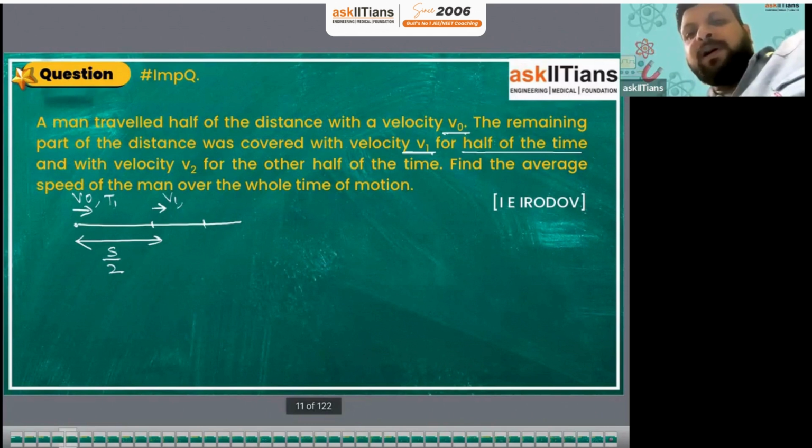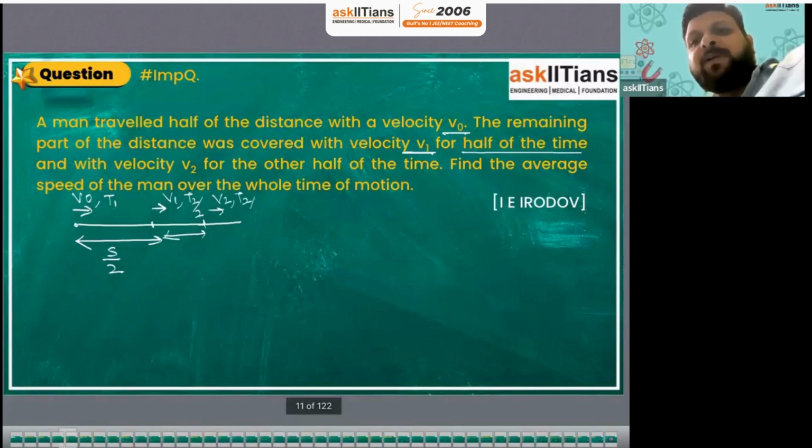For this part, time taken will be t2 by 2. Again, velocity will be v2 and time taken will be t2 by 2. Right? So A, B, C and D.